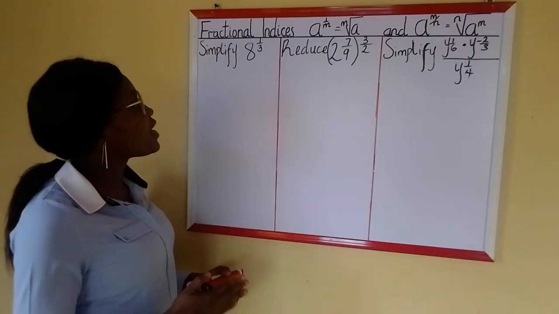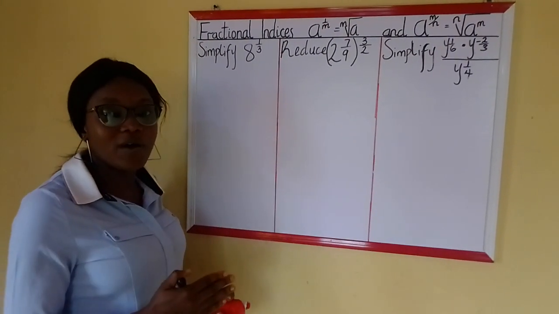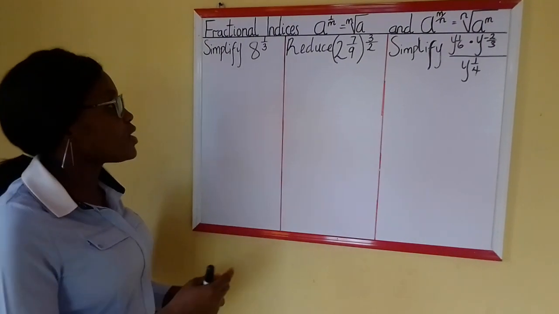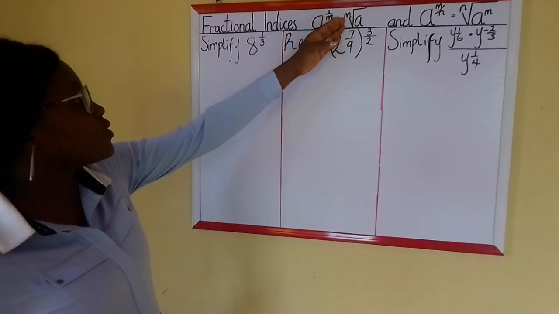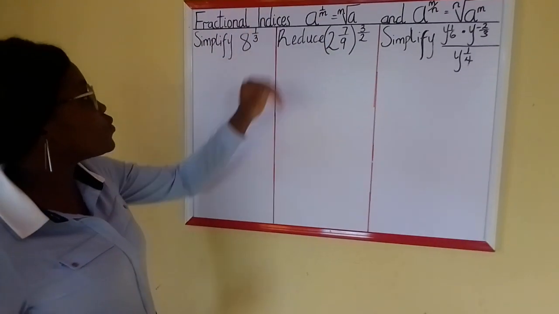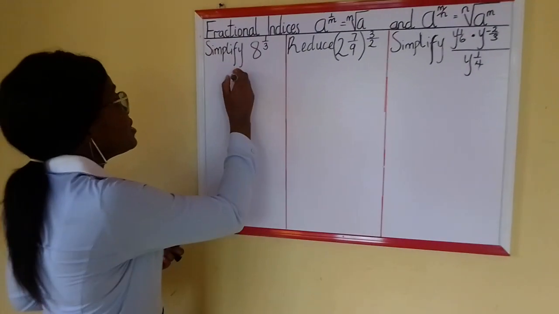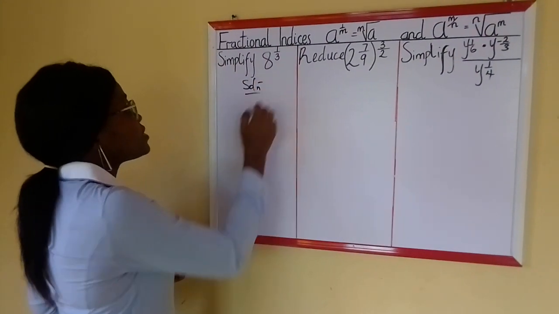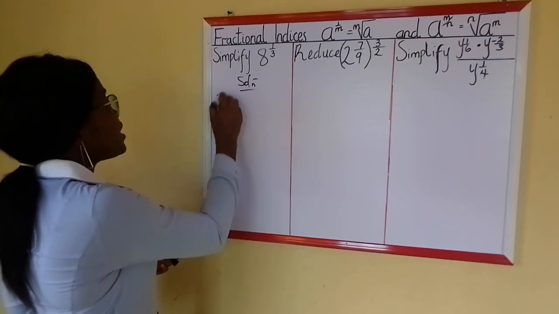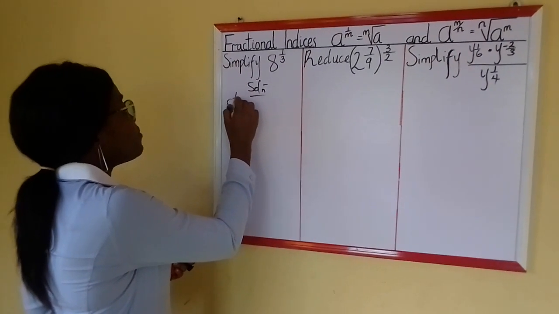It says simplify 8 raised to power 1 divided by 3. This law is for this one. So you should know that when you have something like this, first things first, the question is 8 raised to power 1 divided by 3.